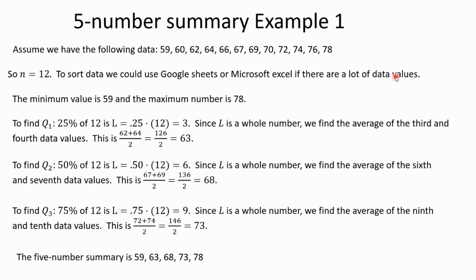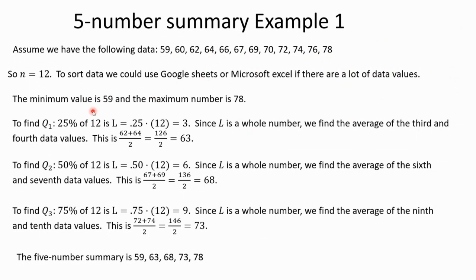You can always ask me if you need help. Here n is 12. Once you sort the data, it's easy to see the minimum is 59 and the maximum is 78.